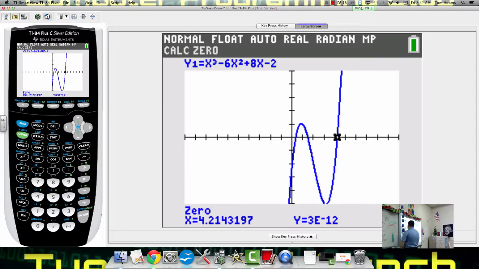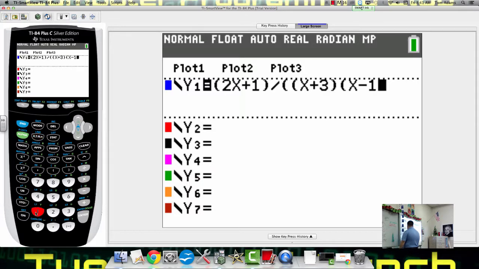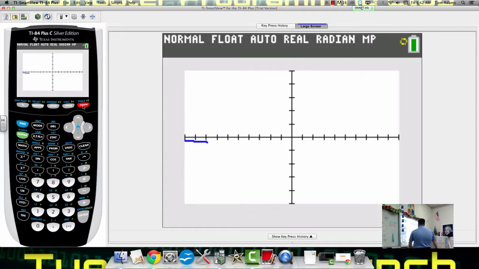So if I come in here and I graph that function, and I say 2x plus 1 divided by the quantity x plus 3 closed, times x minus 1, close the parentheses, and I graph it, that's the graph that we had last time.